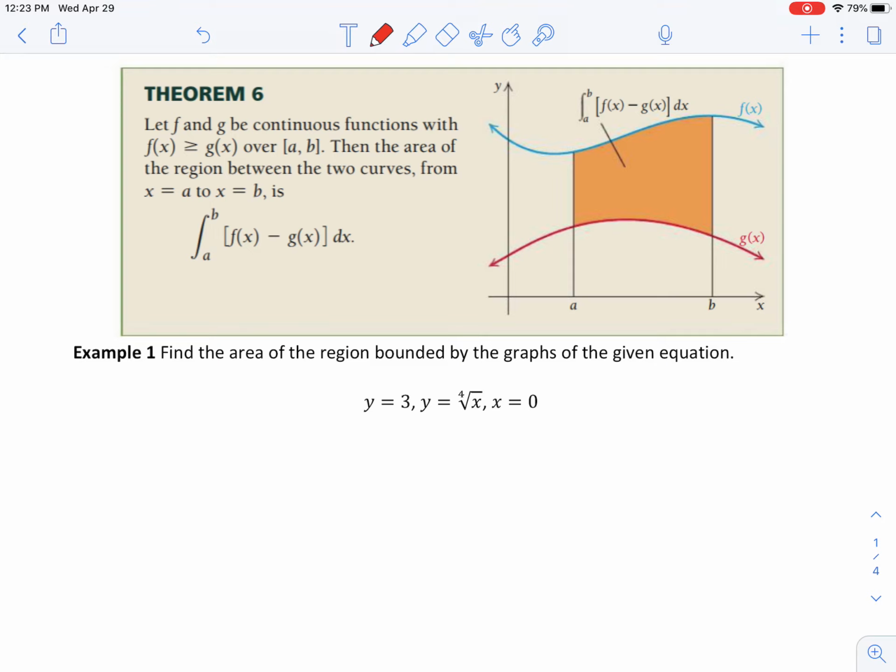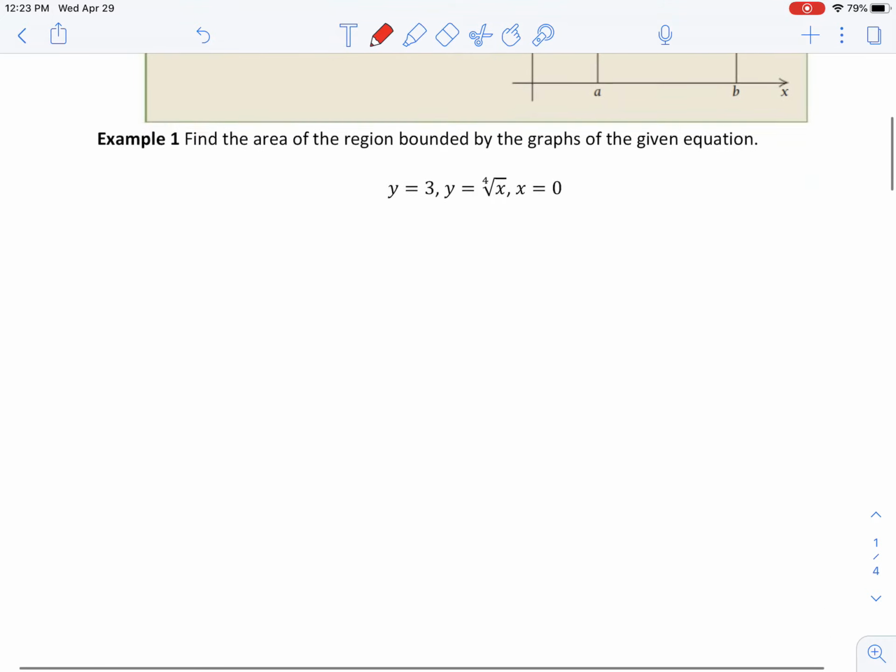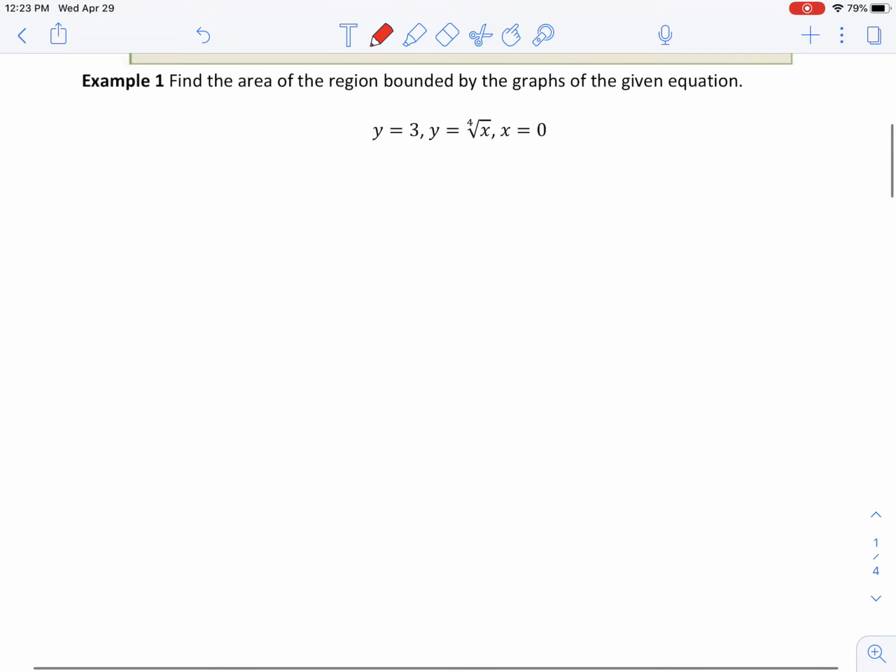So figure out which function has higher values over this closed interval. Then we can find the area of the region between 2 curves from a to b by simply finding the definite integral. You will subtract the big function f of x minus the smaller function g of x, and then you will integrate it from a to b. Let's actually do one together, okay?